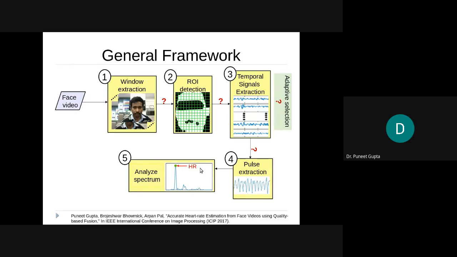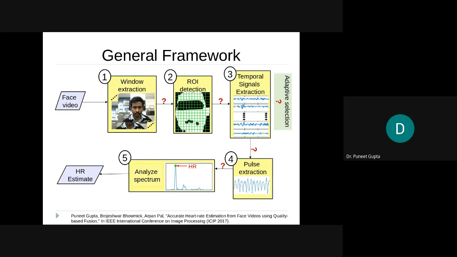How, again, we are going to see in the upcoming slide. And then this is my heart rate estimate. For the next window I consider, I again get my heart rate and so on. So for one face video, I'm going to get several heart rate estimates across time, and we call it heart rate monitoring. So our output here would be a sequence of heart rates.